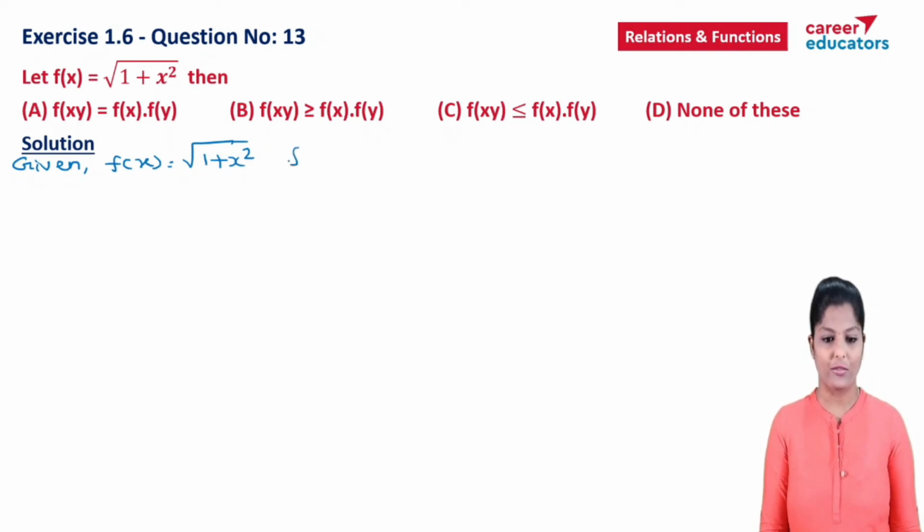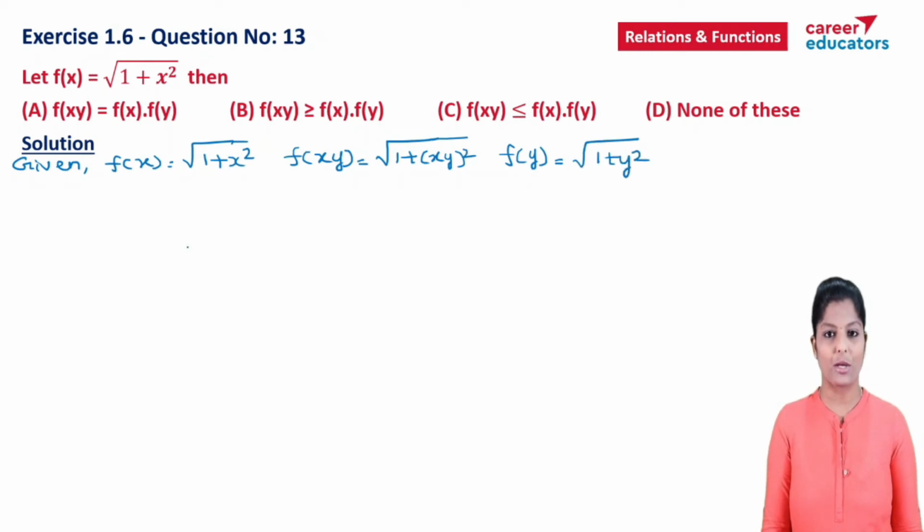Let's find f of xy. To find f of xy, we have to replace x by xy in f of x. We will get square root of 1 plus (xy) whole square. Next, we have to find f of y. To find f of y, we have to replace x by y in f of x. We will get square root of 1 plus y square.